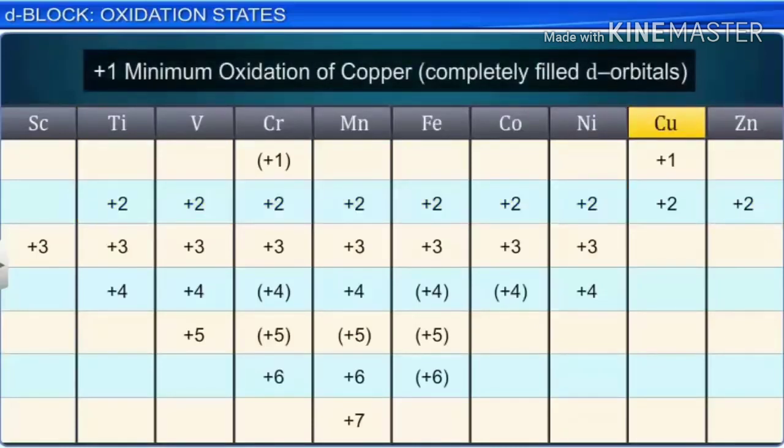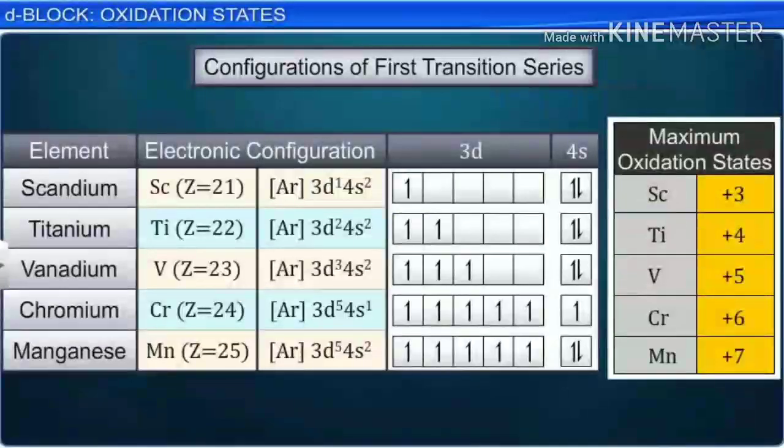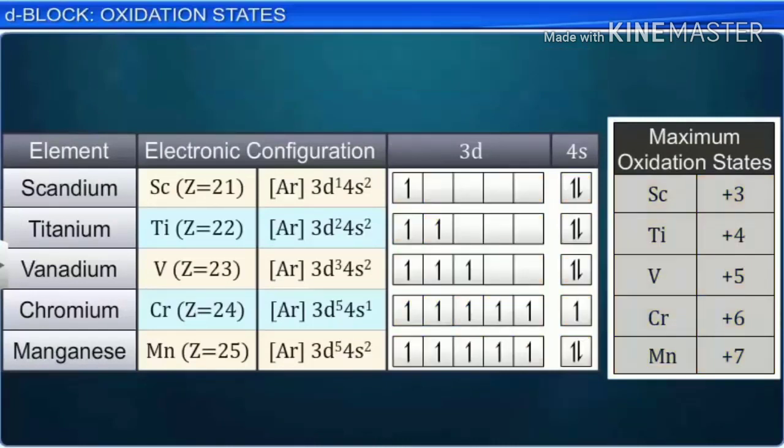The maximum oxidation state is given by the sum of the s and d electrons for the first 5 elements. For example, scandium, titanium, vanadium, chromium, and manganese exhibit maximum oxidation states of +3, +4, +5, +6, and +7 in the form of their oxides, oxyanions and oxycations, as shown here.